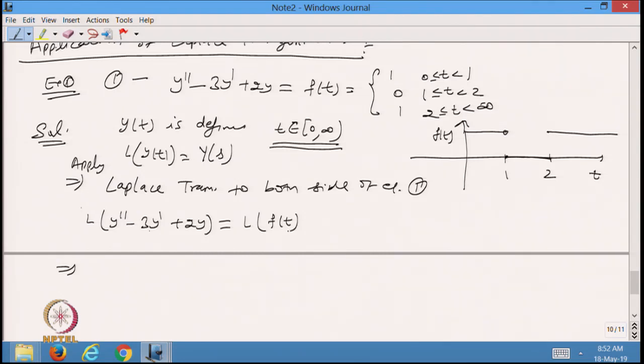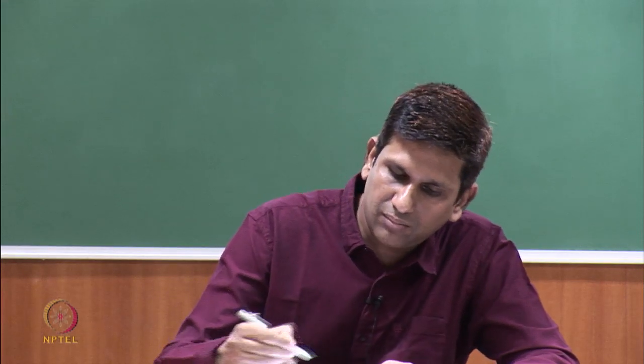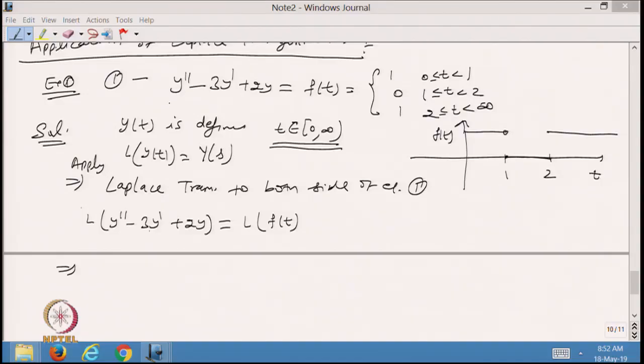Okay. Because if you see, whenever I take the Laplace transformation of the derivative, then the value of the function and its derivative at some point should be known to us. Then I take the initial value problem. So, from here I also define that y at 0 is 0 and y dash 0 is also 0.